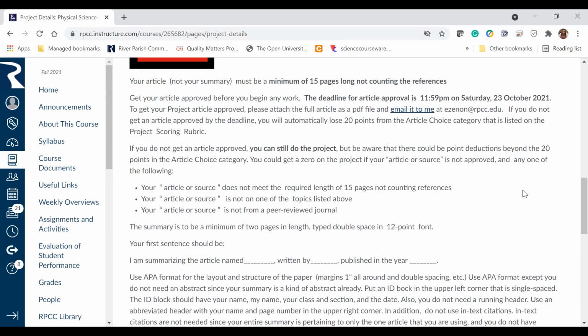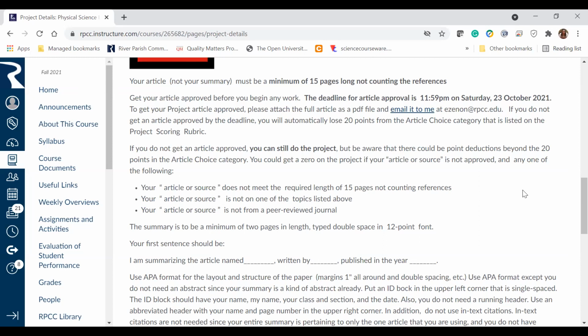You can still do the project, because you see that bolded there, but if you are working with an article that is not approved, and it turns out that the article does not meet the standards, meaning it's too short, it is not on a proper topic, or it's not peer reviewed, then you automatically get a 0 on the project.